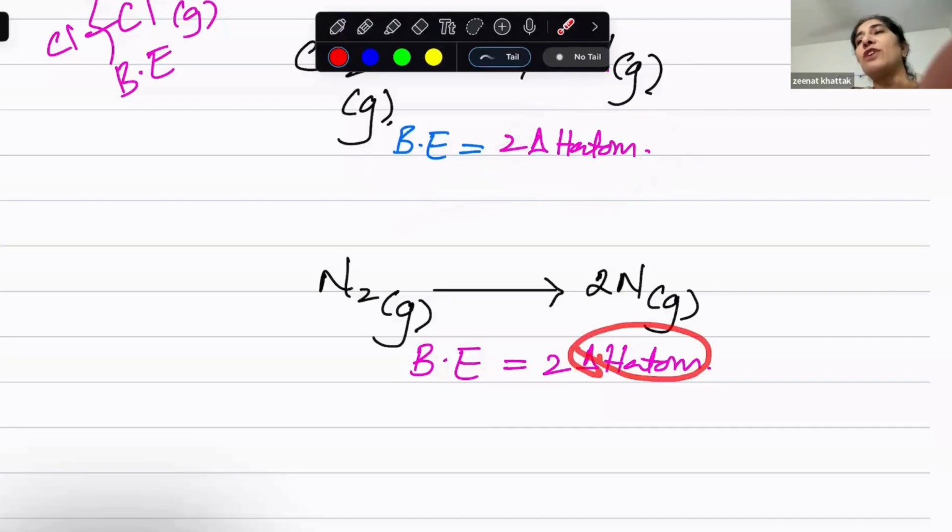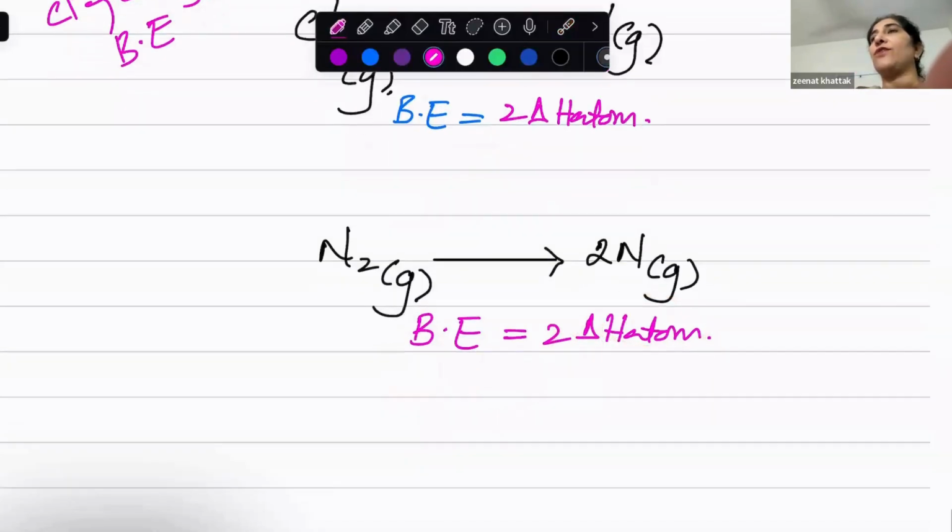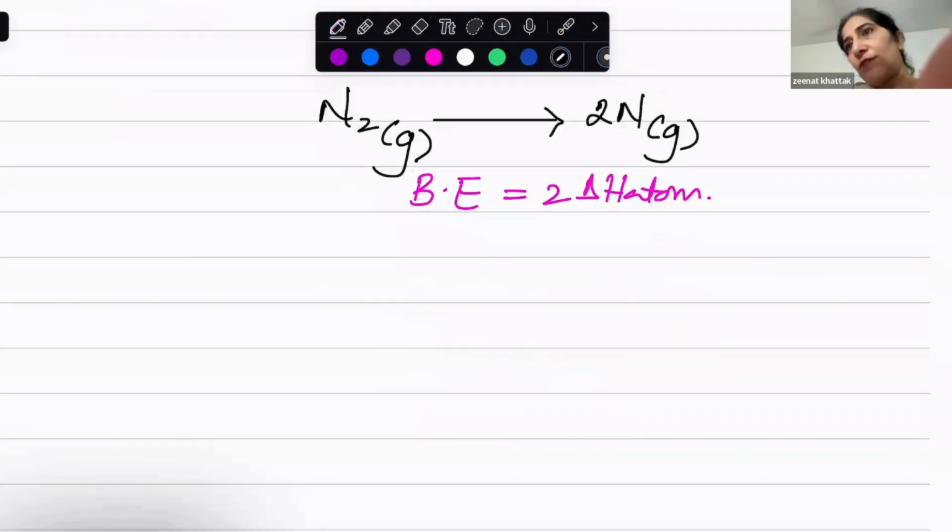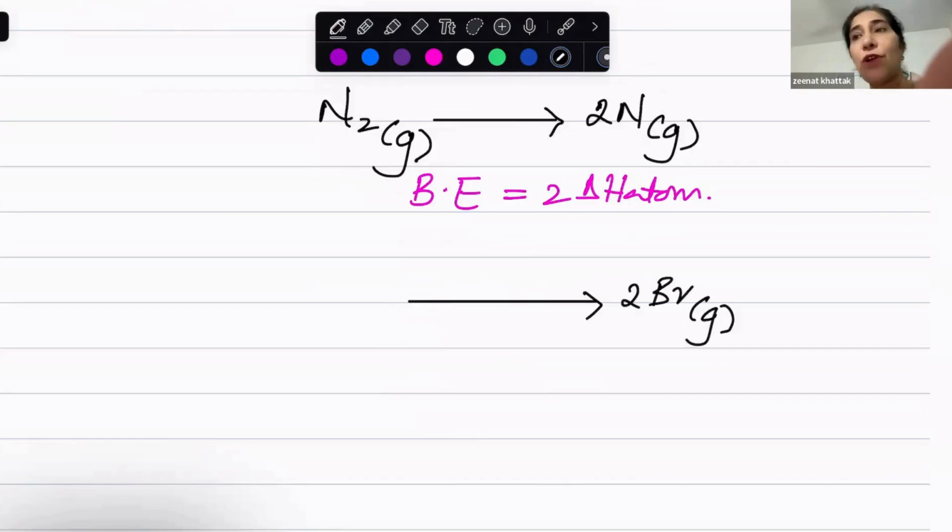But if I apply this on bromine, for instance, you are making 2 mole bromine atom from its element, which is liquid. It's not bond energy directly because it is a liquid, but it is 2 atomization, yes.